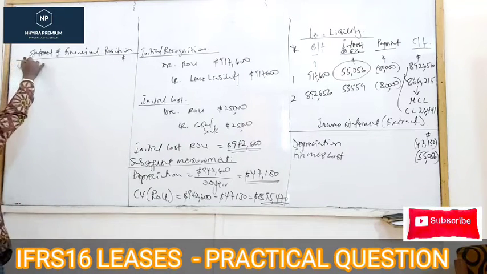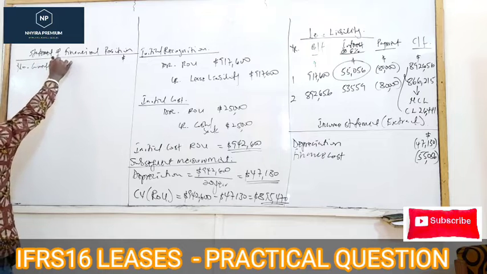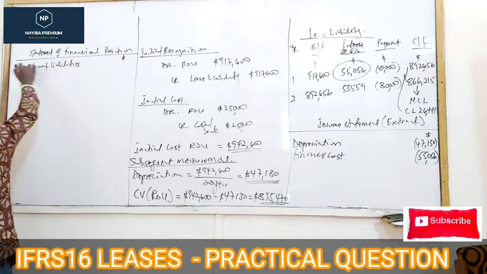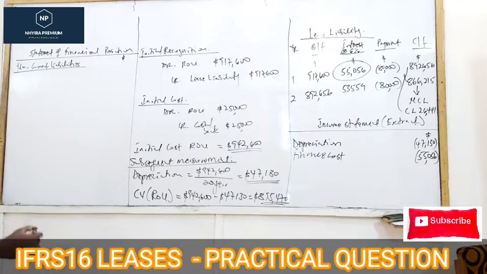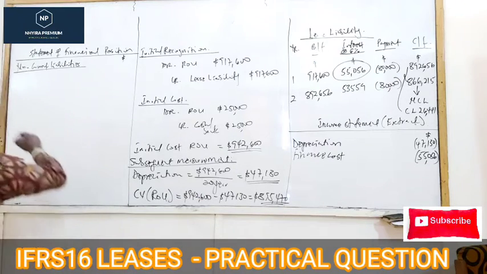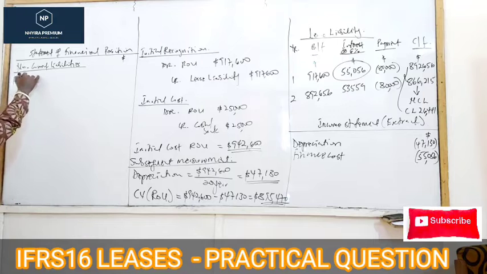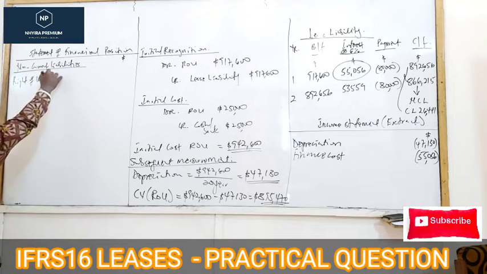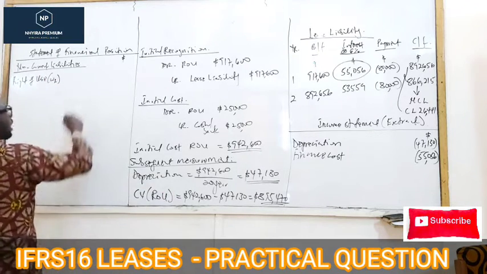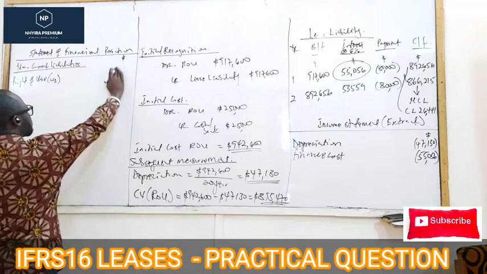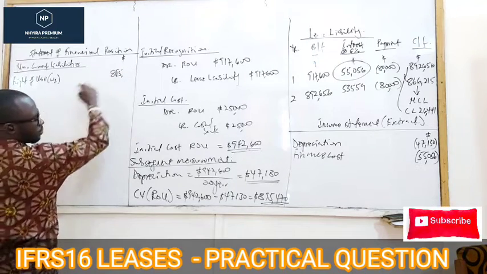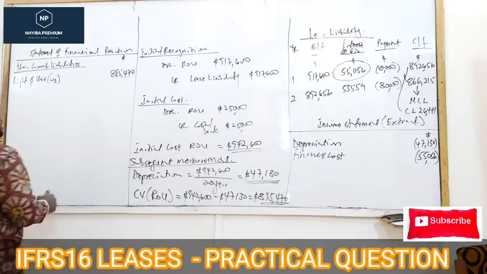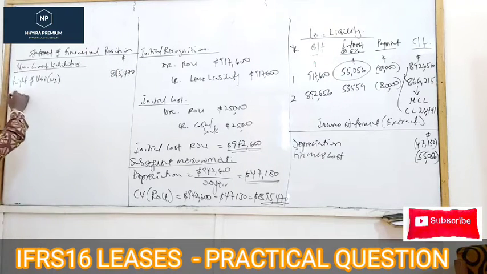And then non-current liabilities. So under non-current liabilities, we're going to be bringing the right of use, and that's from our workings, and that is 895,470. Then we go to liabilities straight up because this is an extract.